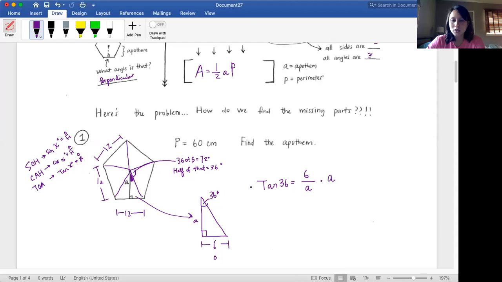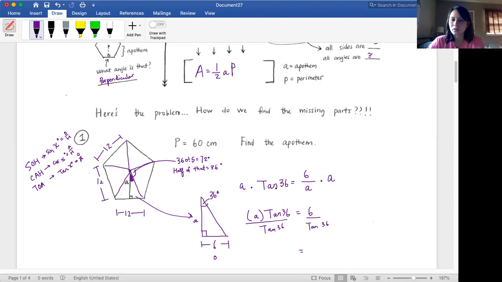So in order to solve for A, we have to multiply both sides by A so that it's not in the denominator. And then we have to divide by the tangent of 36 because we want to get A by itself.